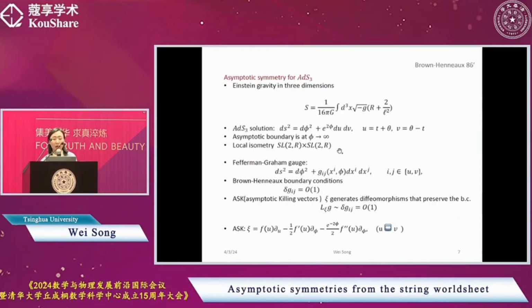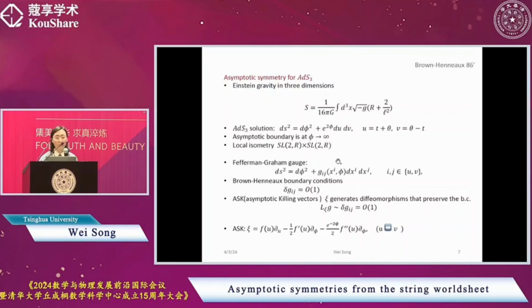When I take phi to be very large, it denotes the asymptotic boundary of this non-compact space-time. And the metric has local symmetry. It has 6 generators. It's SL2 cross SL2. This is about this particular solution.